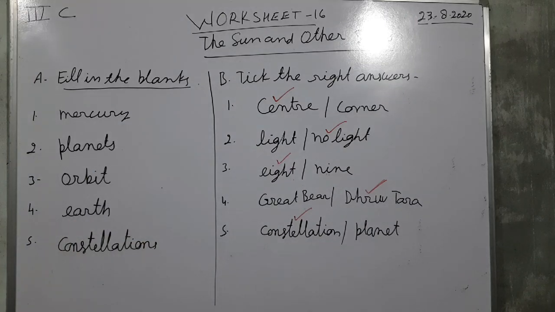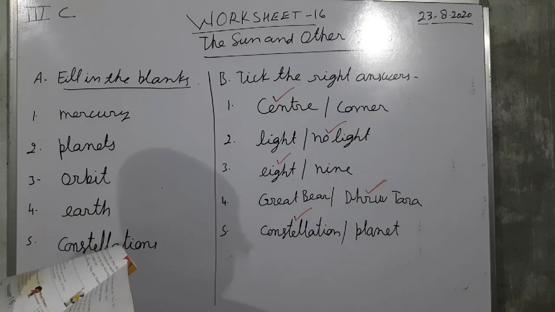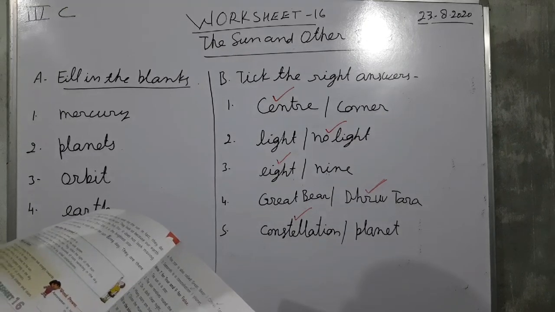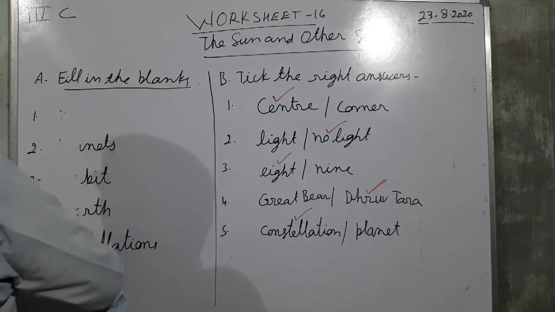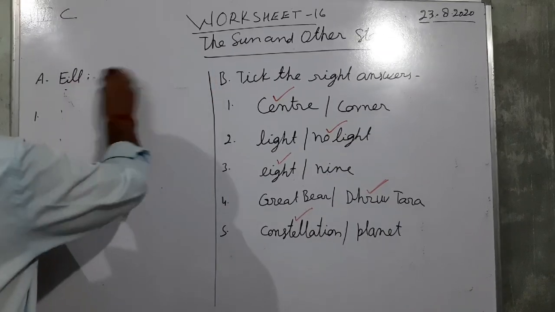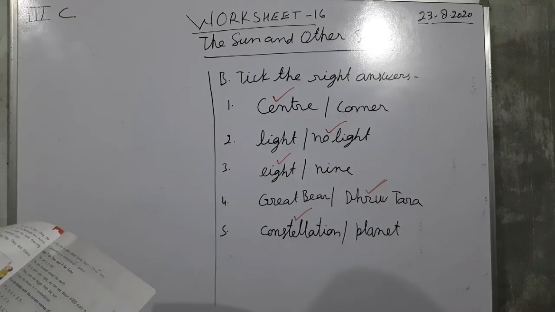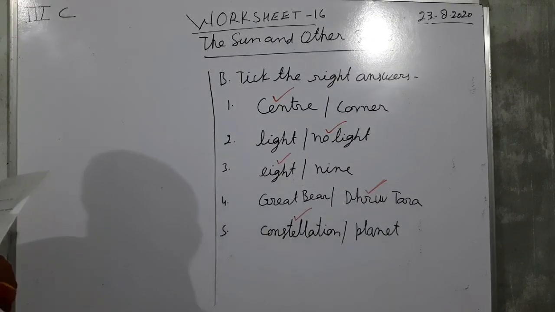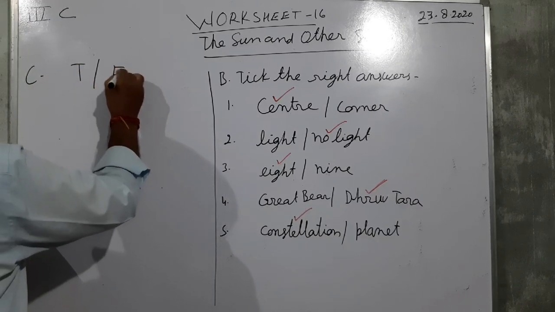So now see next. T for true and F for false. So this is C. Now you see this is C. True and false.